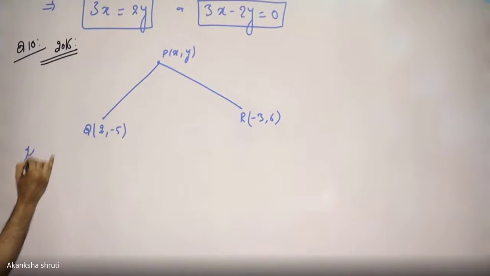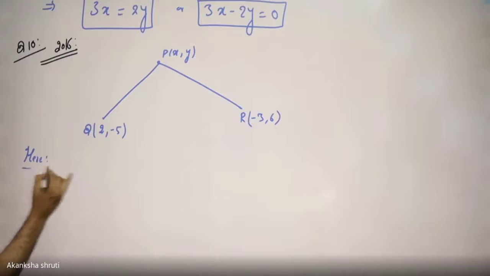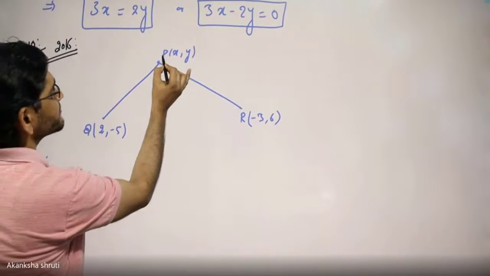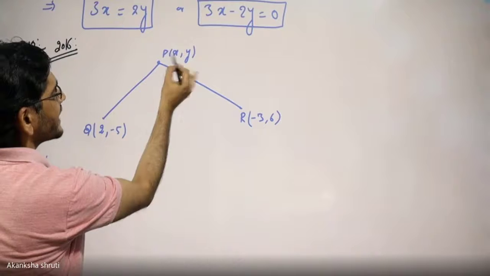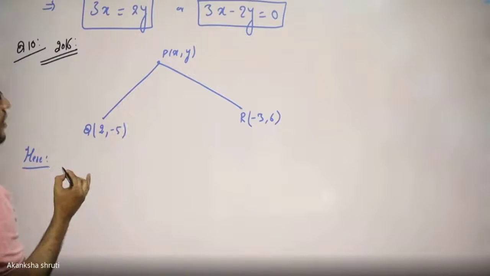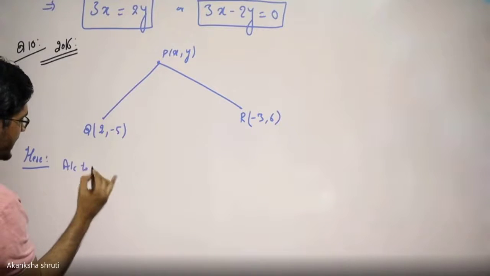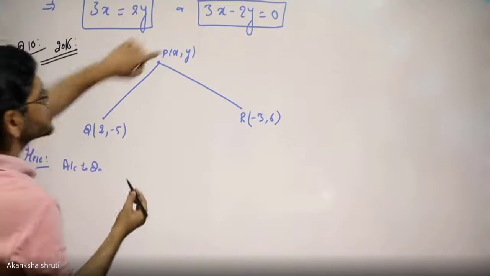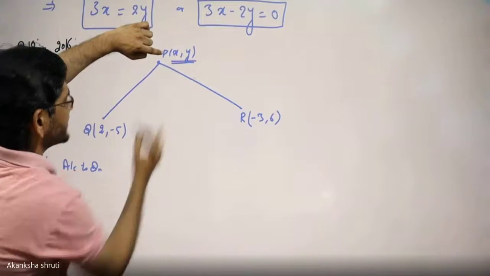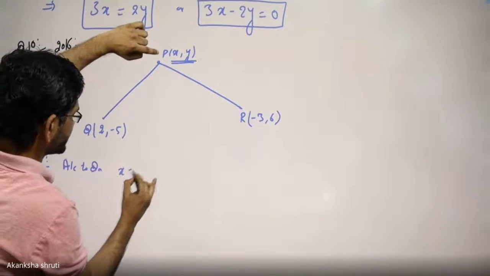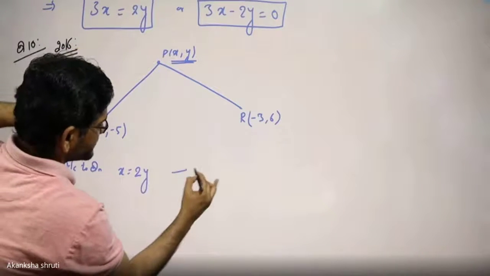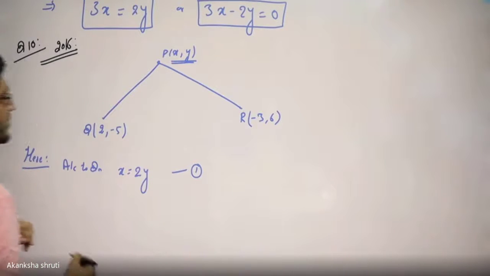Here, in our first statement, it is given that for P, the x coordinate is twice the y coordinate. So according to the question, the first thing is the relation between x and y coordinate. It is given that x is twice y. Take this as one equation.